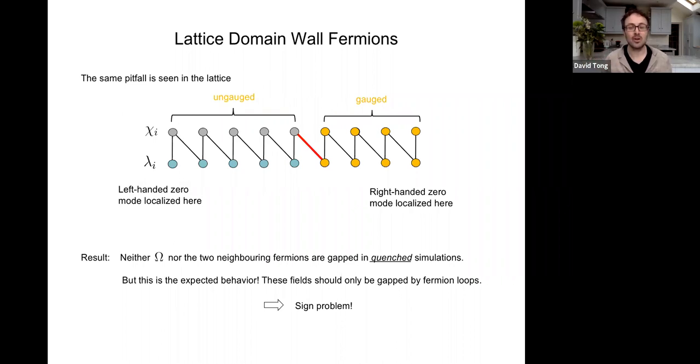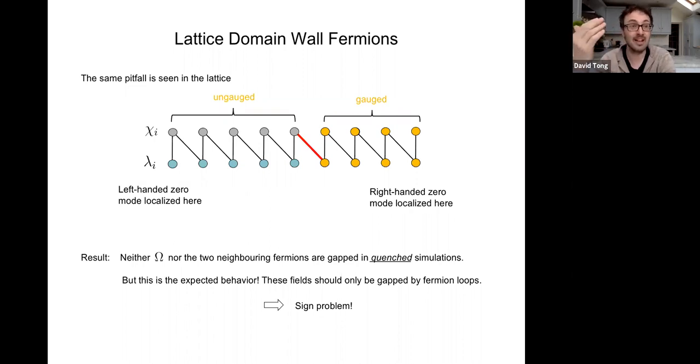But they can't do that on the lattice, because there's a sign problem. That means that all their simulations that said this approach doesn't work are quenched simulations, but you can also see that this can never work using quenched simulations. It needs you to include fermion loops.